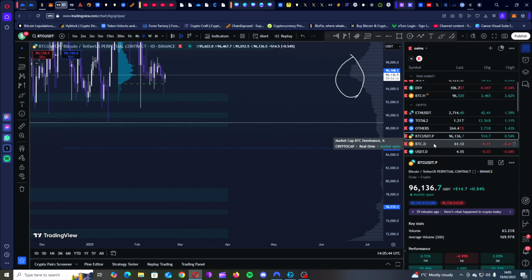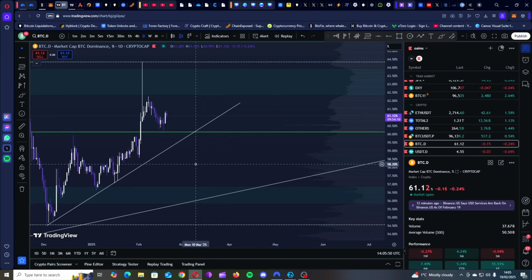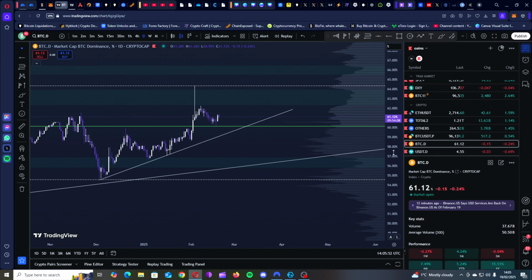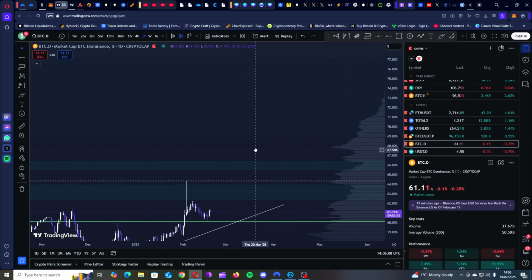So now we've gone through CVD, open interest and divergences. Let's have a look at dominance. So dominance. Pretty important levels I've got marked out on dominance. One here, I pointed it out in the group, 62 to 64-ish, 65 to 67-ish.